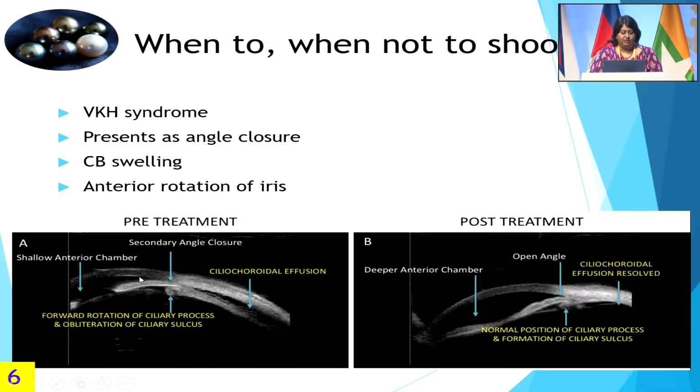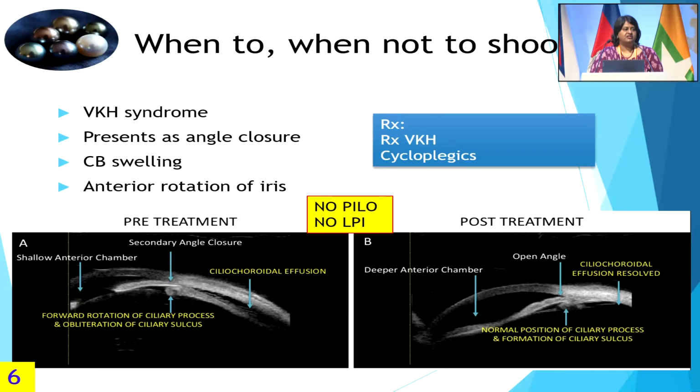After treatment, the ciliochoroidal effusion has resolved, the ciliary body swelling has resolved, and the angles have opened up. Here we have not given pilocarpine, we have not done laser peripheral iridotomy. What we have done is treat the VKH and give cycloplegics.